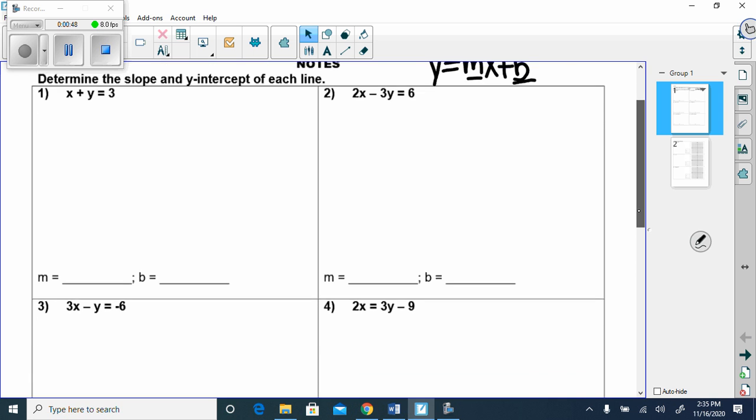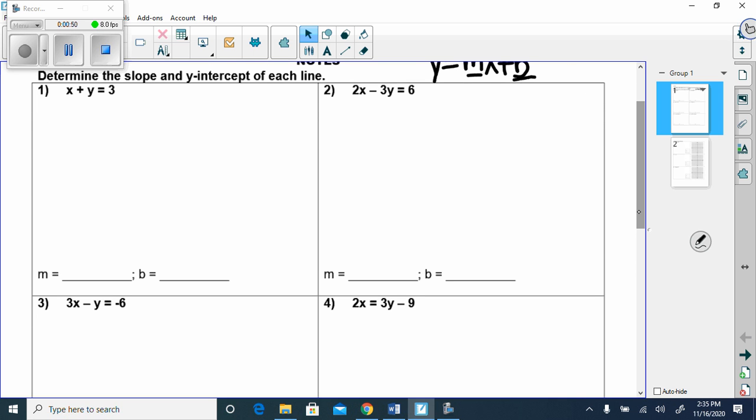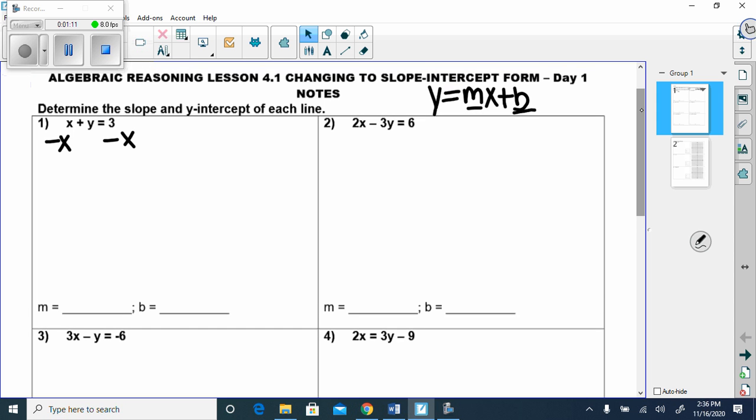Okay. So, on number 1, right now, the only thing I'm supposed to have on the left is a y, but right now I have an x. So I need to move it to the other side. How would I do that? How could I move a positive x? Yes. I just need to subtract it from both sides. And if we look back up here, we said that whatever's with x needs to come before the number b, right?